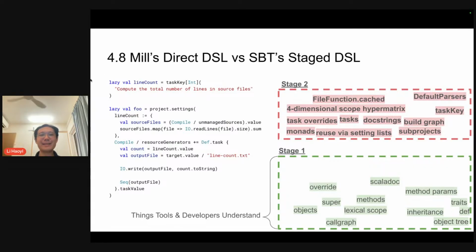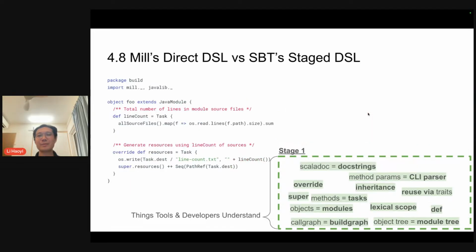So although SBT is technically Scala, and you can navigate your SBT build with IntelliJ as Scala, just understanding the Scala tells you nothing about what your build actually does. IntelliJ jumping to a definition of colon equals, of compile, or of task key is completely useless for trying to understand your build. What you need to understand is all this stuff on the top right, which IntelliJ, and you and all your colleagues, probably do not understand nearly as well.